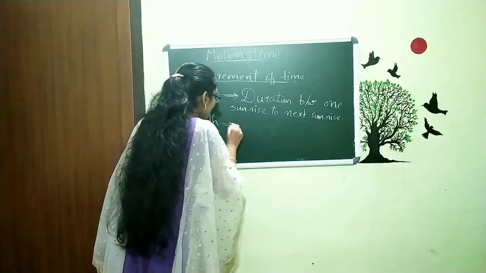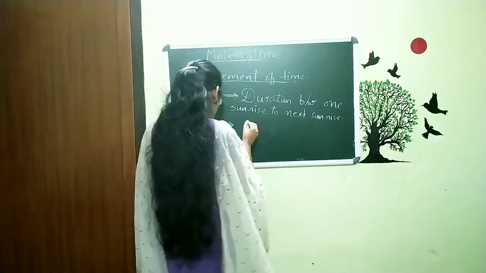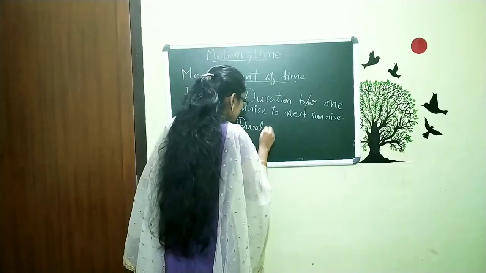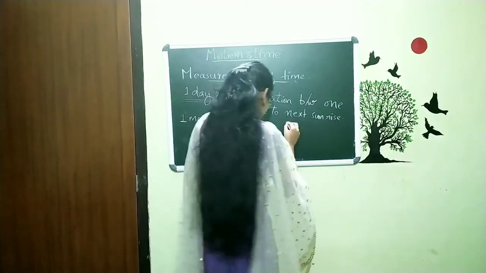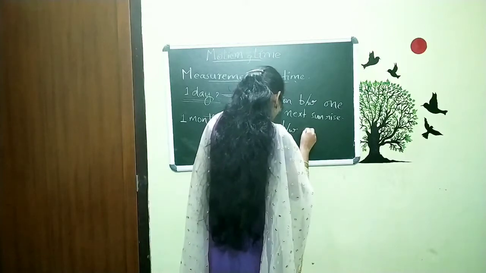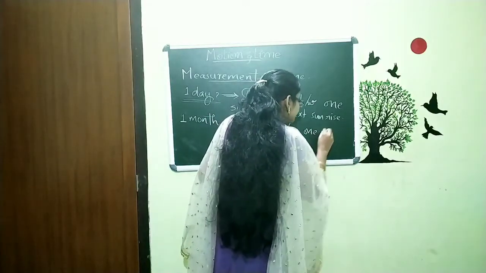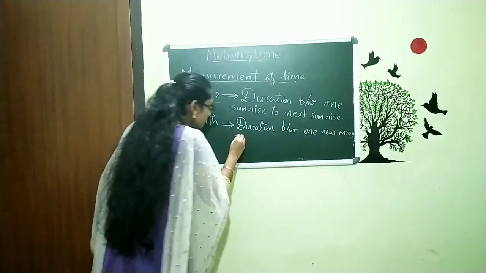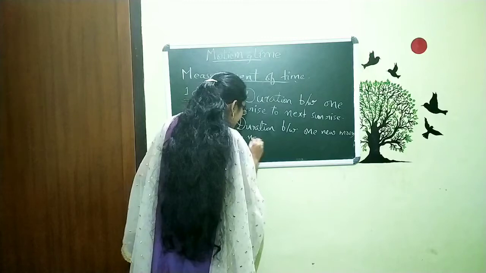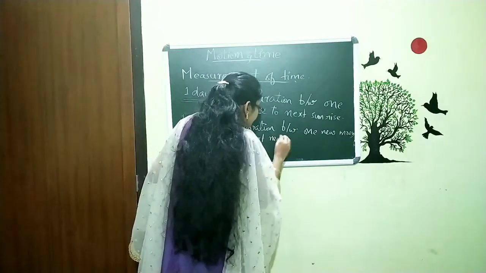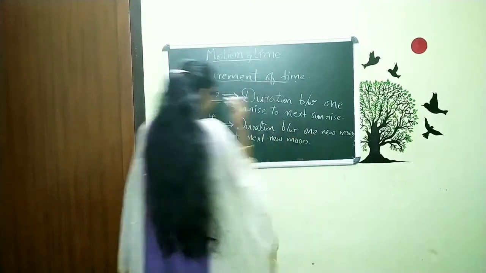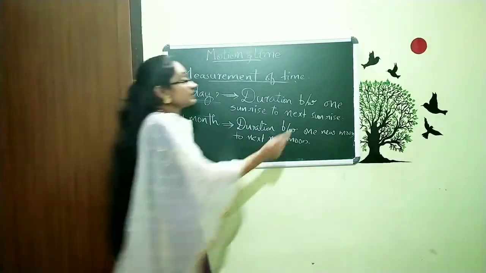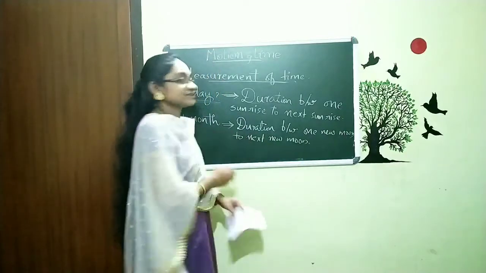They defined 1 month as the duration or the period from one new moon to the next new moon.